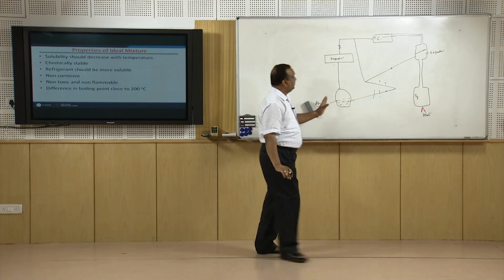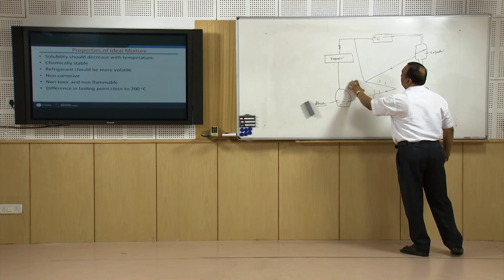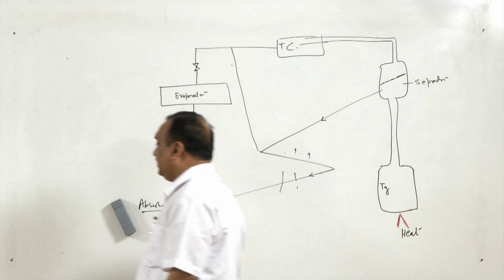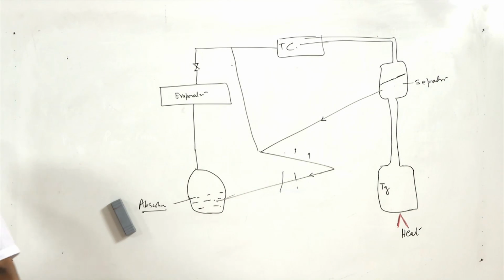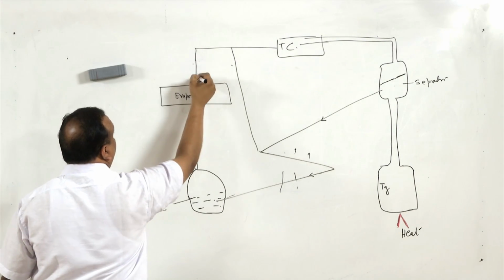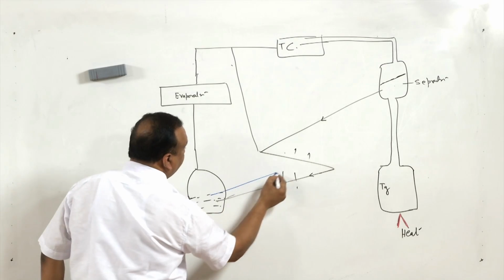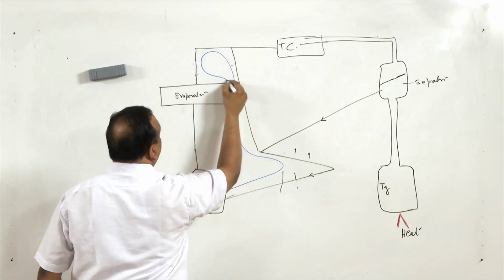Because we have to maintain the pressure difference on the high pressure side and low pressure side, and an expansion valve is already provided here. Okay. Now, in this system an expansion valve is not there, it is an expansion valve free system. Hydrogen is confined to this area.